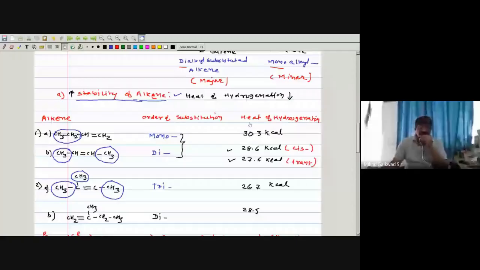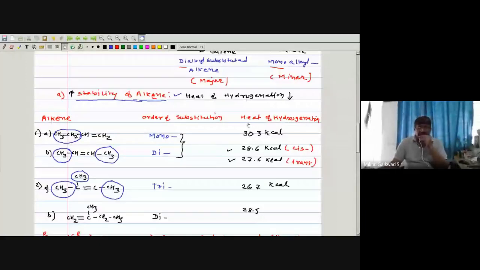You know what is meant by heat of hydrogenation? Heat of hydrogenation means the amount of heat evolved when saturation occurs, that is, the pi bond converts into a single bond, and the amount of heat evolved is called the heat of hydrogenation. Lower the heat of hydrogenation, more is the stability.